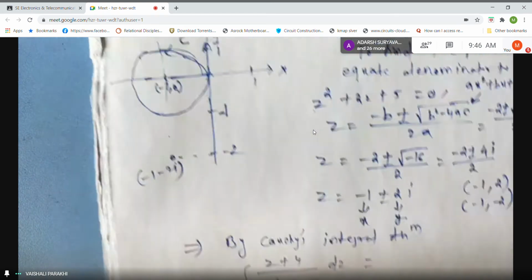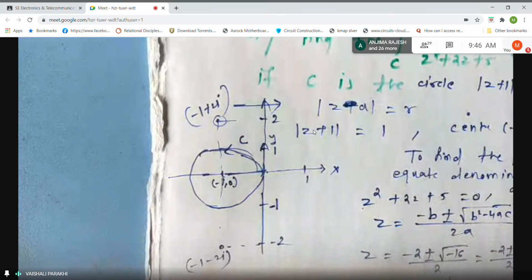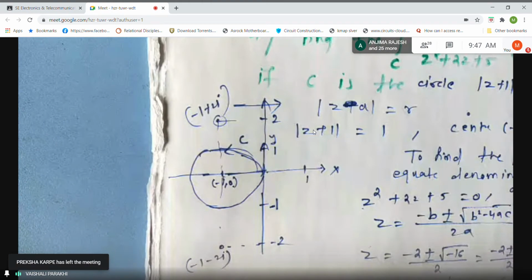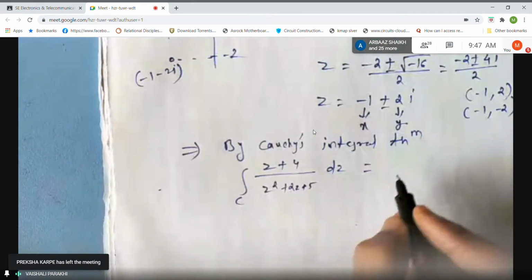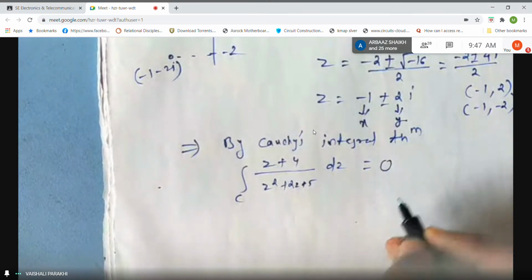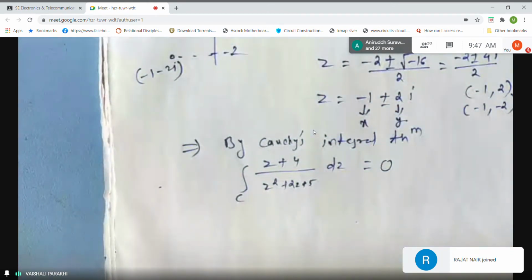See the statement of Cauchy's integral theorem. If one of the poles or some poles are on the circle or inside the circle, the value of the integral will not be equal to 0. But here what is happening? Both the poles, those are singularities, are outside the circle. So definitely the value of the integral will vanish. So remember, whenever you equate the denominator, you get the values of z, right?